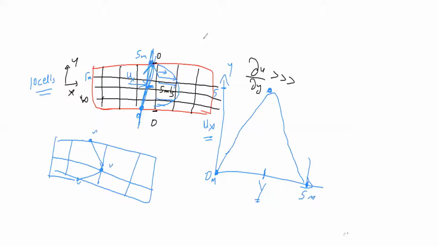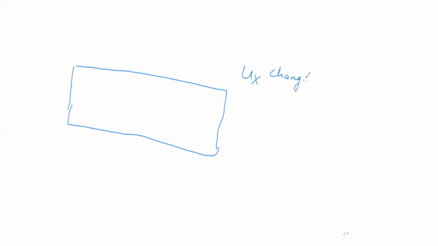Okay, and now you have to do something smart also. What is the smart thing you have to do? What is your area of interest? You want to understand how the x component of velocity is changing along the y-axis, correct? So you need 6 to 10 cells along y, along this direction, right?